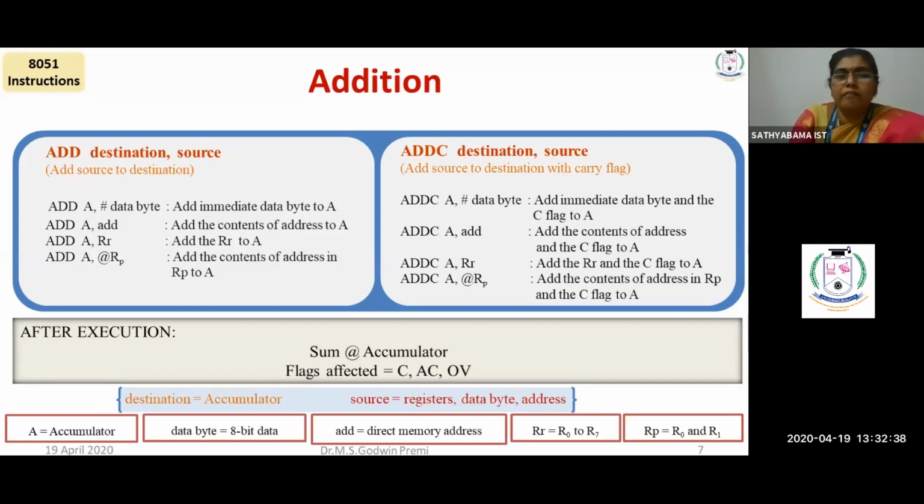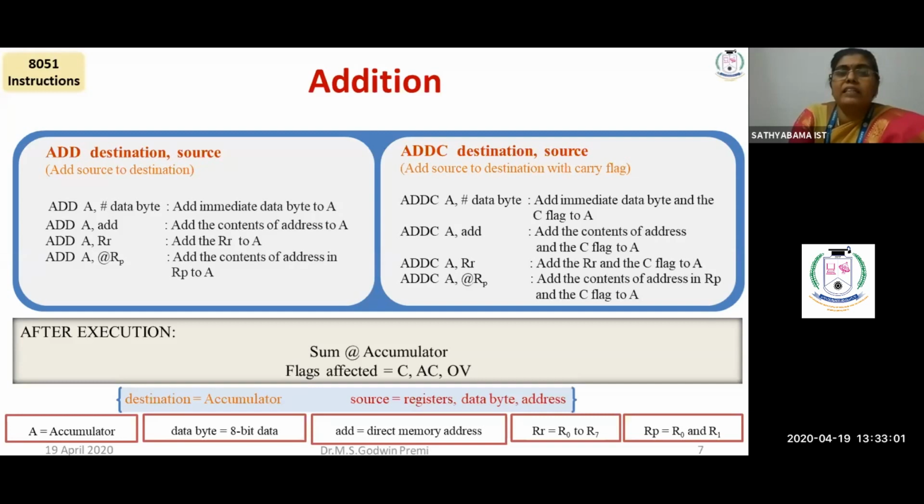In the same way, the third one is ADD A, Rn. This is nothing but the register bank registers, that is R0 to R7. Here, let it be ADD A, R7.